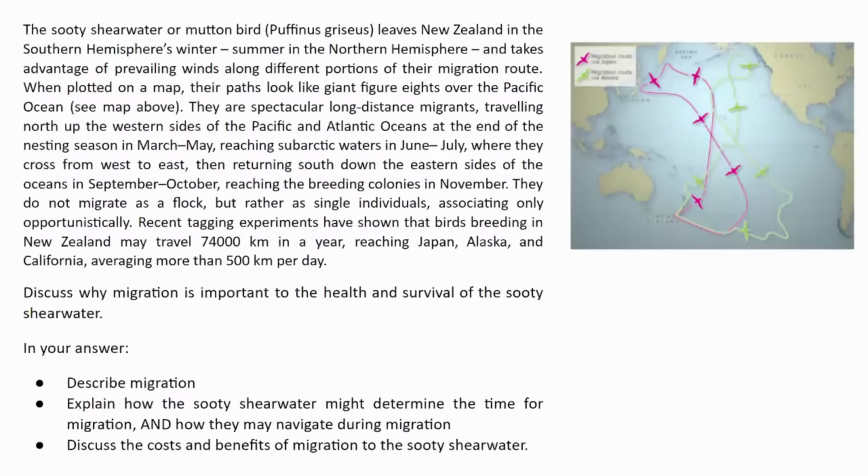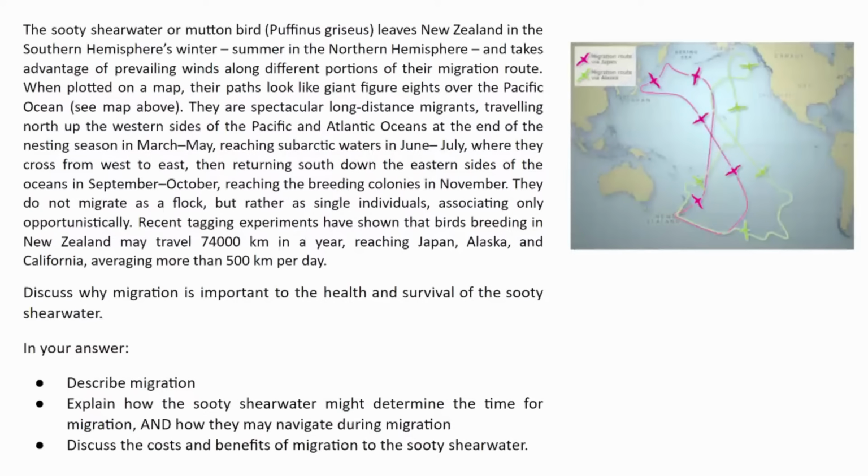Cool. So take this sooty shearwater question. That was from the 2017 exam. So pretty much what happens is the sooty shearwater spends part of the year in New Zealand, okay, and then when it starts to cool down, it will fly up into the northern hemisphere.